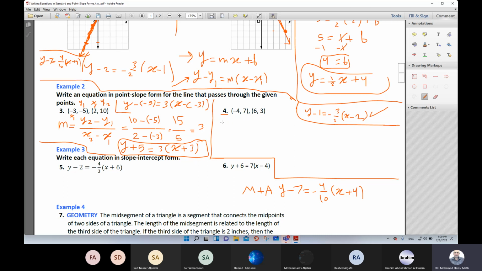The first step, we want to solve the slope. m equal y2 minus y1 over x2 minus x1.